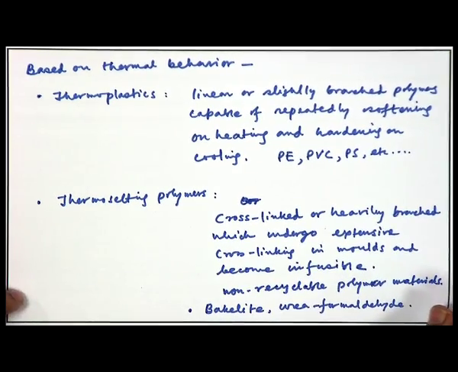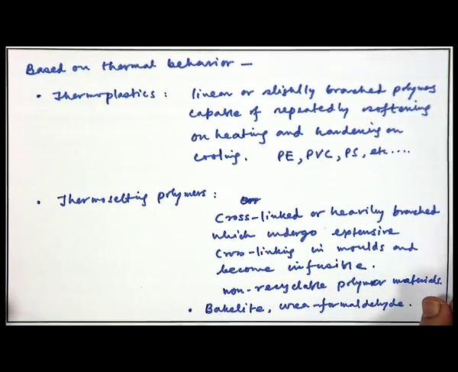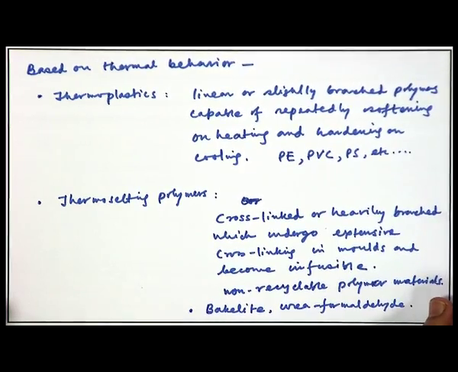As I said, in your book they may have classified these polymers based on their intermolecular forces into 4 categories: fibers, elastomers, thermoplastics and thermosetting polymers.